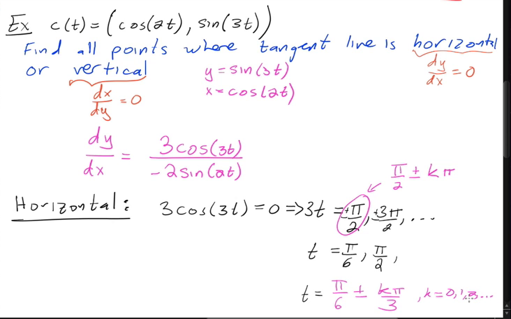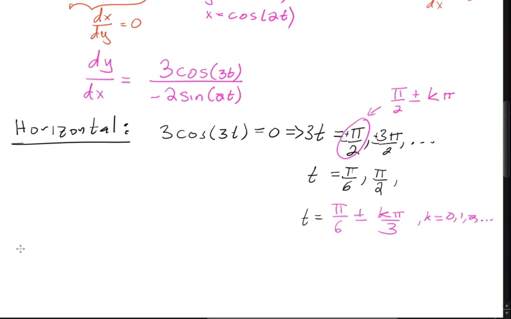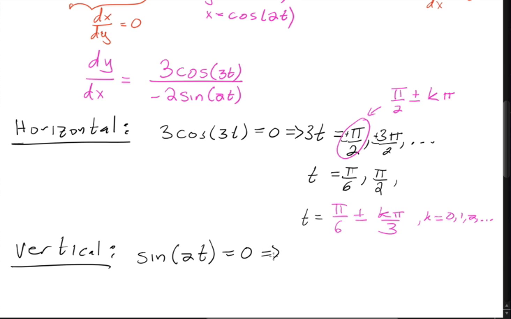Okay. And then it's vertical when the denominator is equal to 0. So in this case, when negative 2 sine of 2t equals 0, or in other words, just when sine of 2t is equal to 0. And that means that 2t has to equal, what would that be?